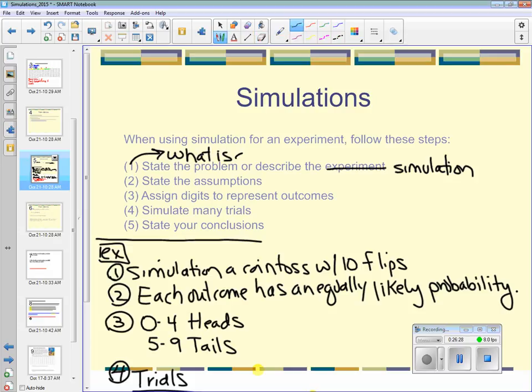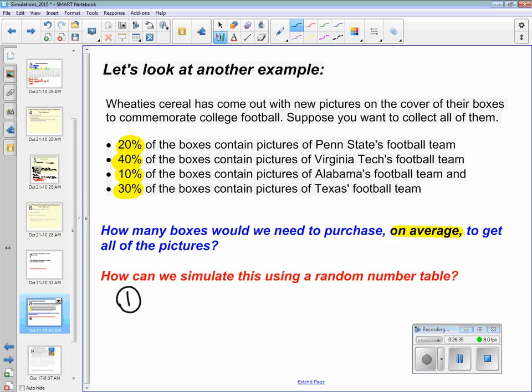So what is a trial? Okay. 10 flips was a trial here. In our example, what's a trial? I'm going to purchase cereal boxes as many times until I get one of each. Does that make sense?